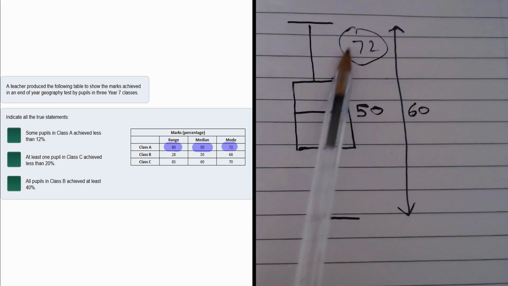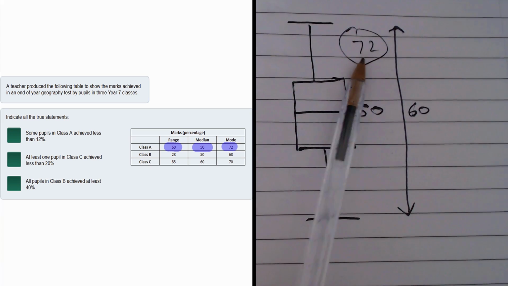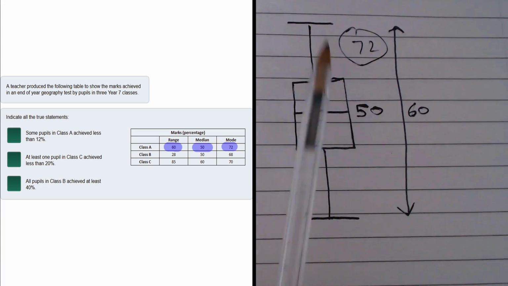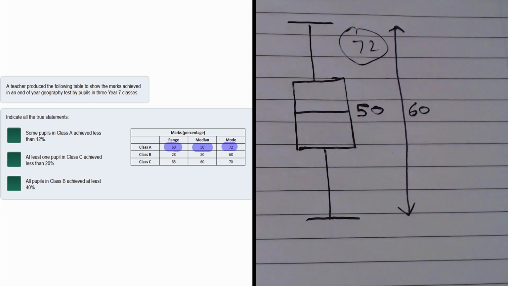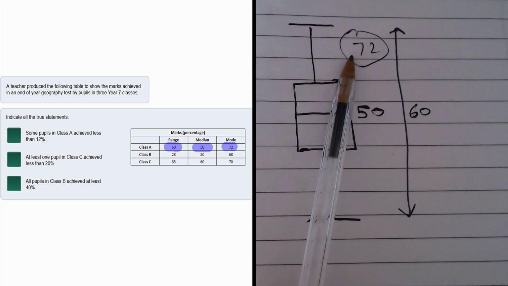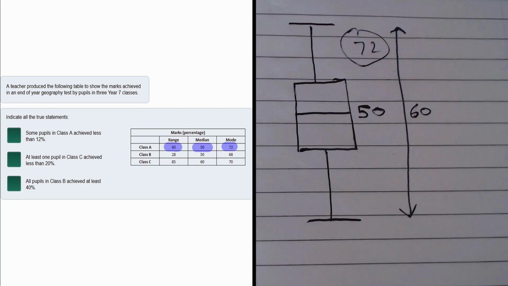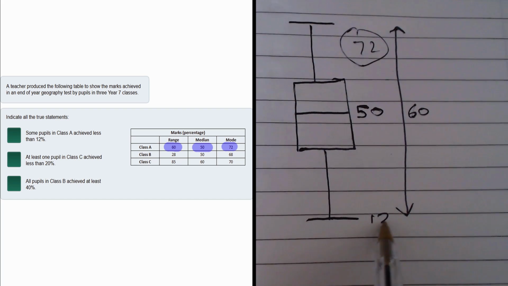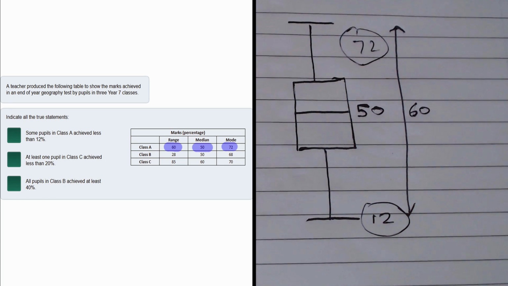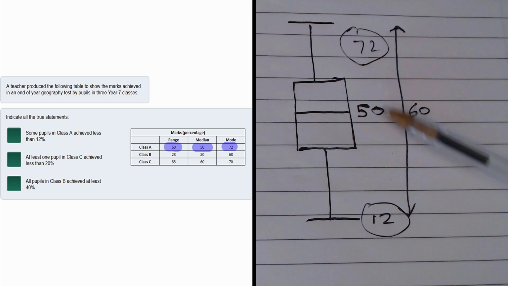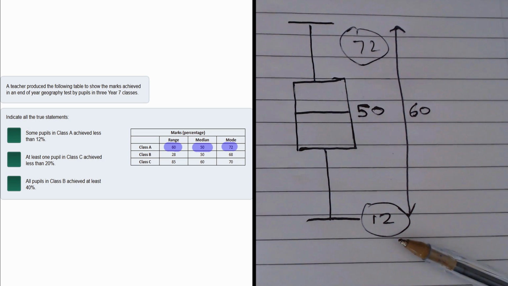So if 72 was our highest mark, which it might not be, 72 might be here, our highest mark might be 82, we don't know. But if it is our highest mark, i.e. we're making this as small as possible, the range would take us to exactly 12. So even if our highest mark is 72, the range will only take us down to 12, not less than 12.